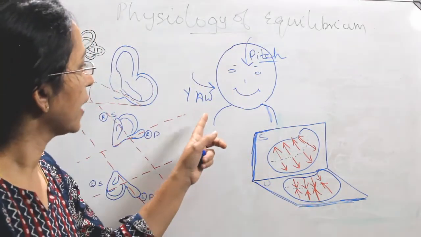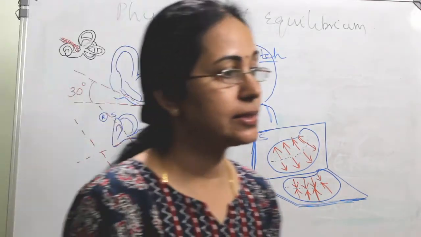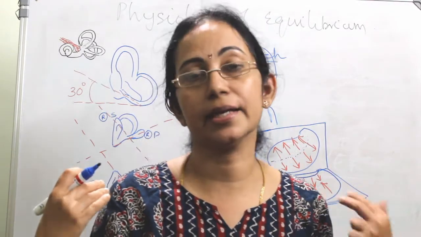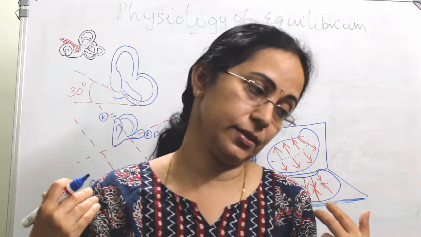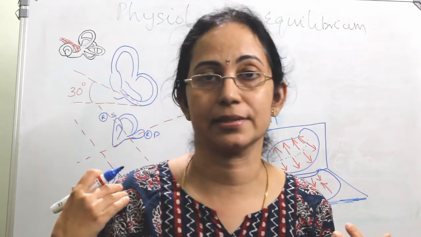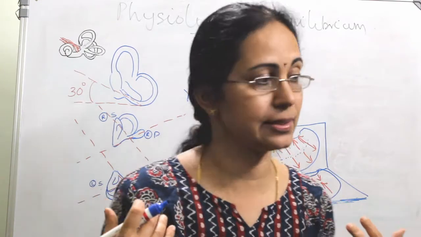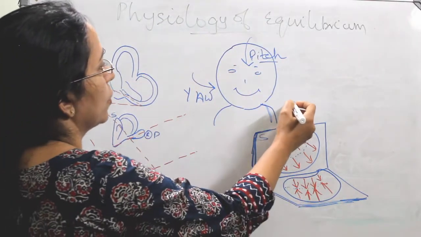Okay, and another one is the lateral head tilt, like this. Okay, that is in the horizontal axis. Lateral head tilt in the horizontal axis, and that is called the roll.